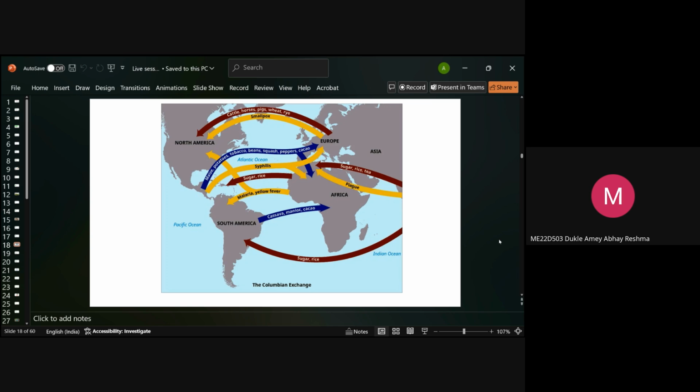These fruits or vegetables were brought to India by the Portuguese when they started colonizing, because Brazil was a Portuguese colony, and they had some colonies in India.